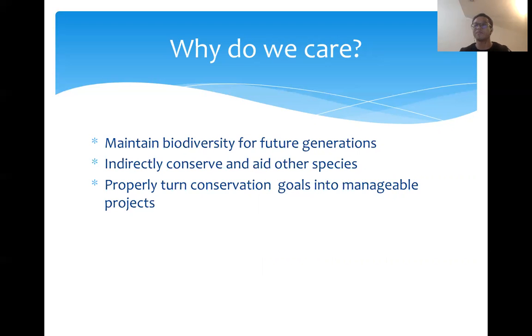Because in a perfect world, we all want to say, we need to protect this animal and let's shove all our money towards it. That can't really happen because realistically speaking, we need policy and other governmental support to make sure to ensure that a lot of these species are protected now and then for future generations.